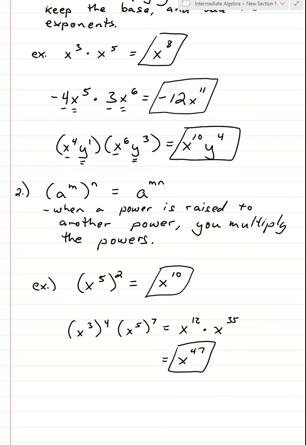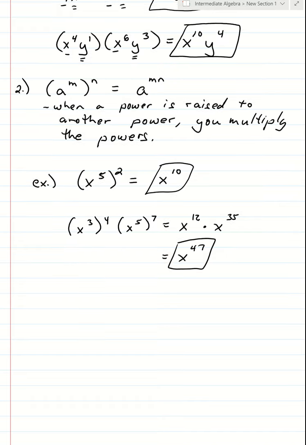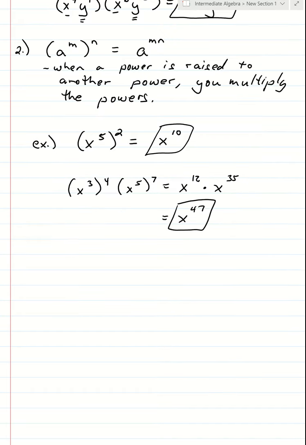That would be your simplified expression for that particular problem, okay? So you're always looking to simplify as much as possible, all right? So we did the second law first, and then we had to use the first law of exponents to finish off the problem. So that takes care of the second law.